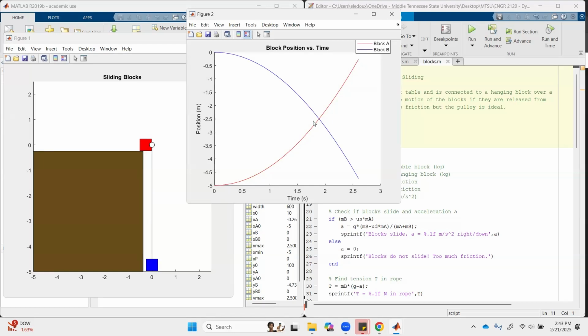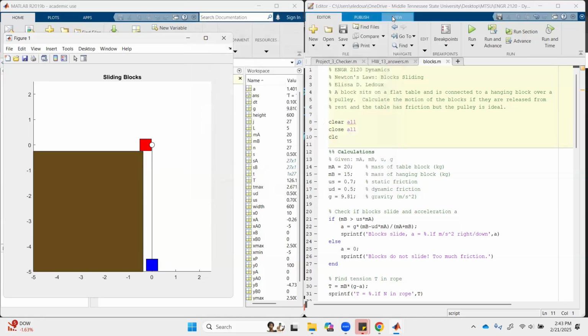Position of A increasing to the right, position of B going down, and this position versus time is parabolic. And that makes sense too, because if acceleration is constant, then velocity is linearly increasing, and position should be quadratic, like a t squared, basically. So that should make sense for this.